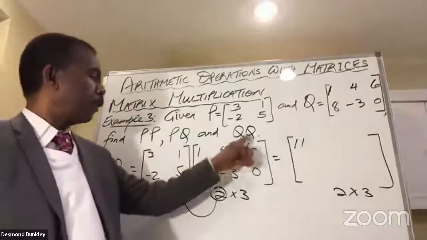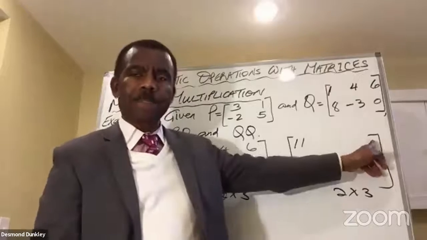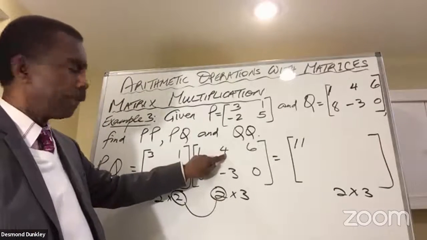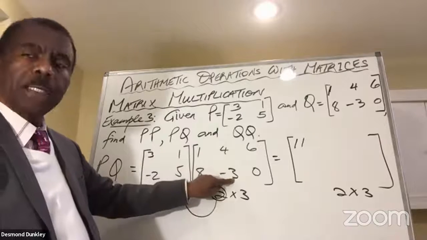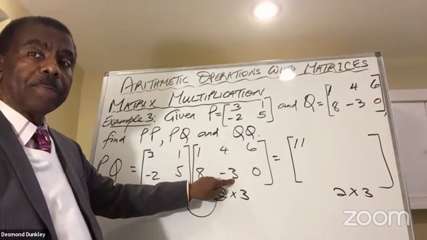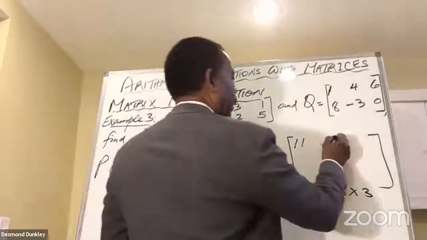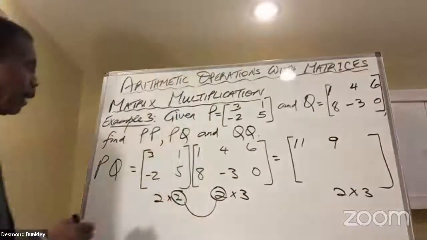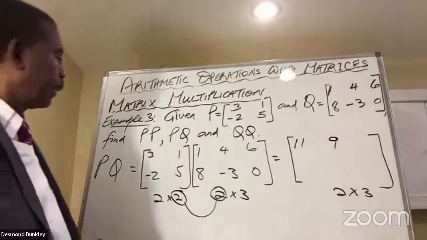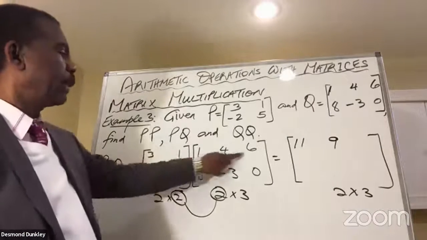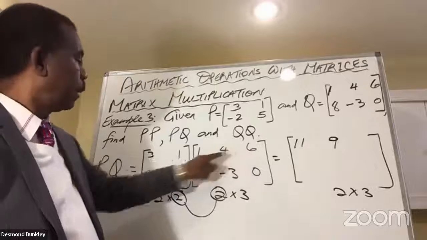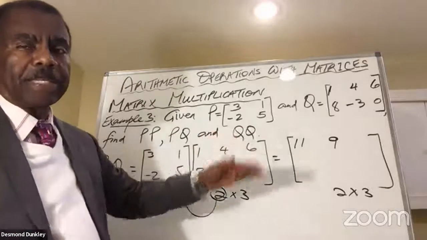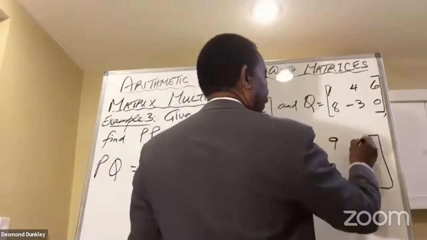And first row, third column to get that. Here we go. 3 times 4, 12. 1 times negative 3, negative 3. 12 take away 3, 9. Okay? So then go to the next one. 3 times 6, 18. 1 times 0, 0. 18 plus 0, 18.